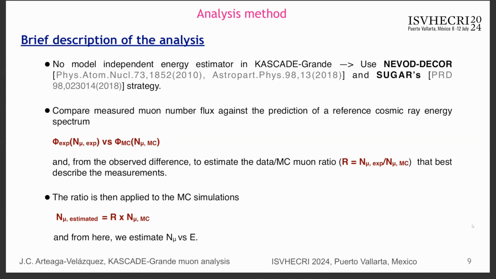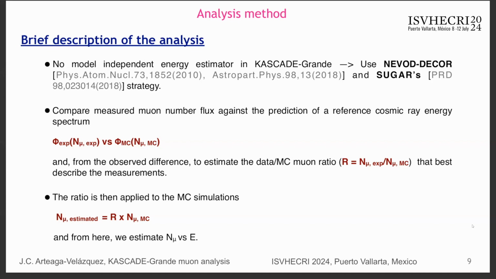So if we compare our measurements of the muon number with the predictions of this reference model of cosmic rays on the energy spectrum and composition, and we see any difference, these differences in the muon number should be ascribed directly to anomalies between the number of muons in the data and in the Monte Carlo simulations.